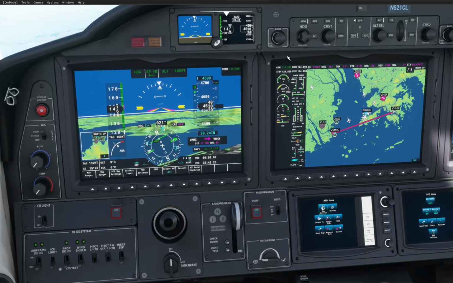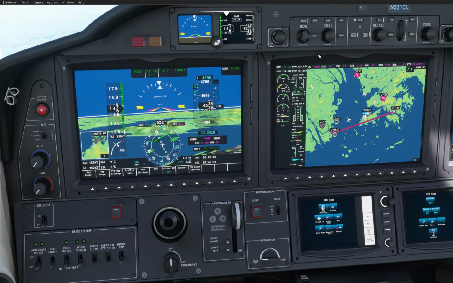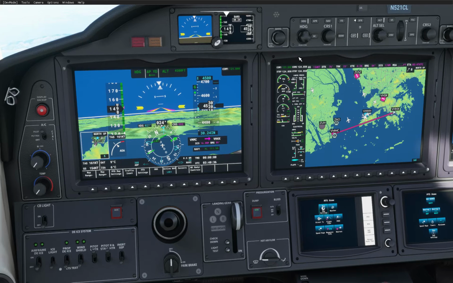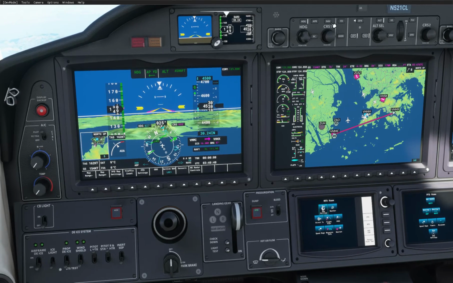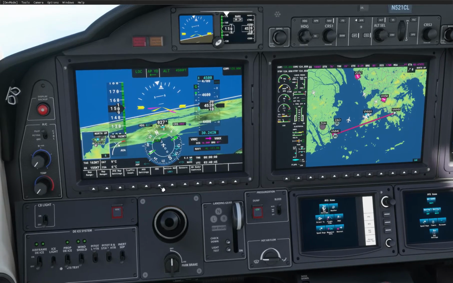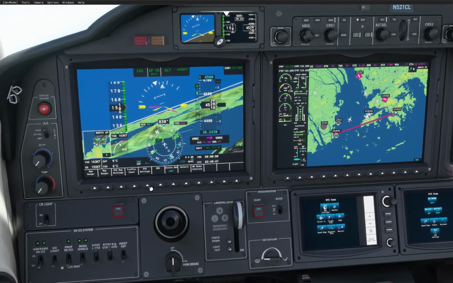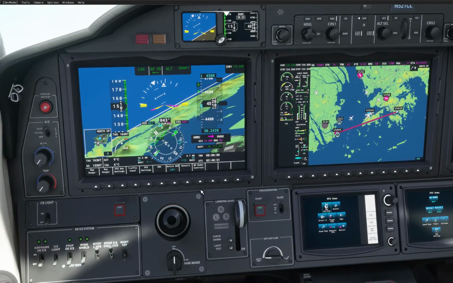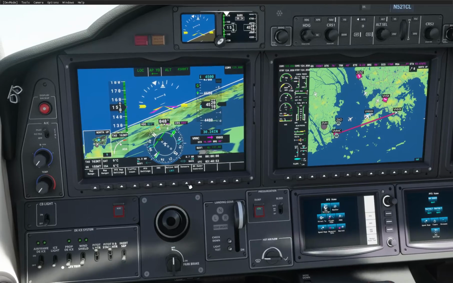Tweaking the heading to the right because I got a little wind. There goes the ADF. So we'll go to nav mode for localizer. Now we can switch this to bearing pointer 1. See that we're getting lined up.